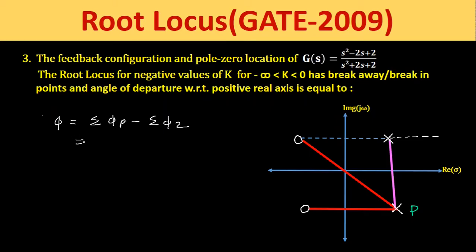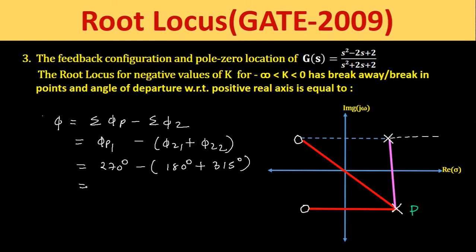Here sigma phi p will be equal to phi p1, since only one pole is present, and sigma phi z will be equal to phi z1 plus phi z2. Now we put in the values of these angles. Phi p1 we got is 270 degrees, minus phi z1 which is 180 degrees, minus phi z2 which is 315 degrees. When we solve this, we get minus 225 degrees is equal to phi.